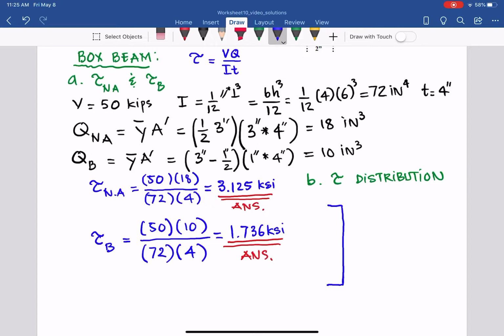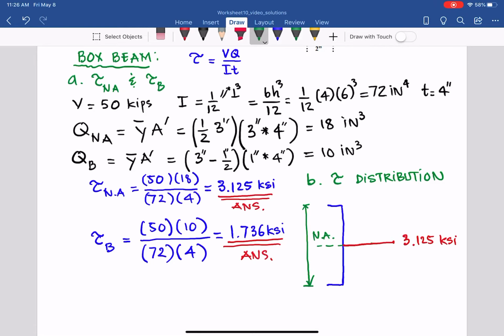For the distribution, at the neutral axis, that is the center of the rectangles, and tau at the neutral axis equals 3.125. So you have that point here, 3.125 KSI.